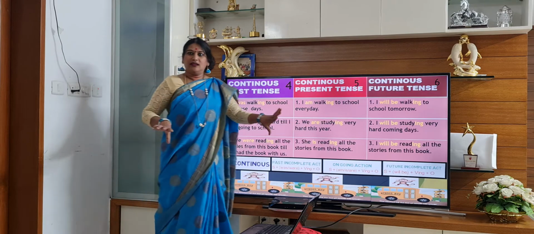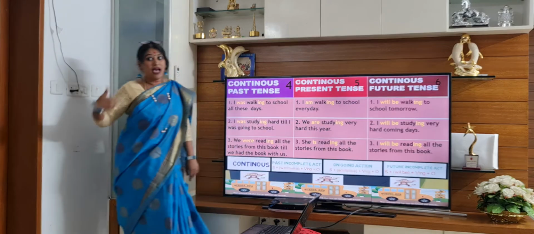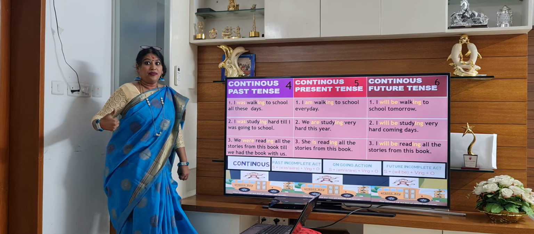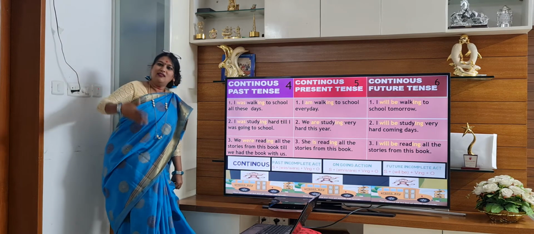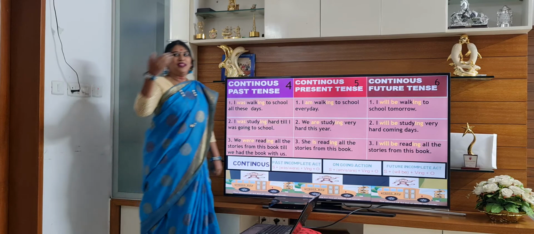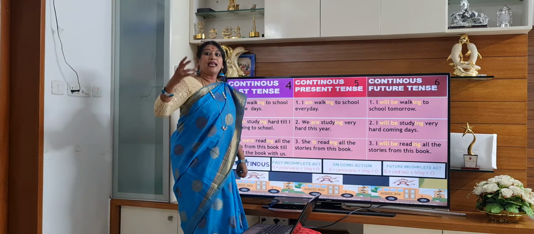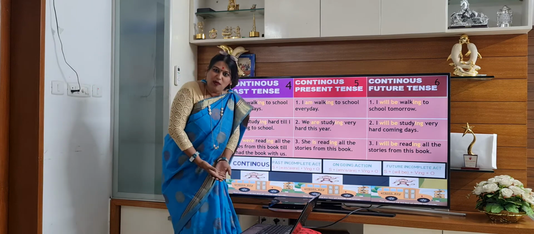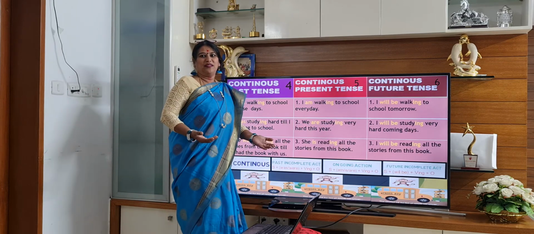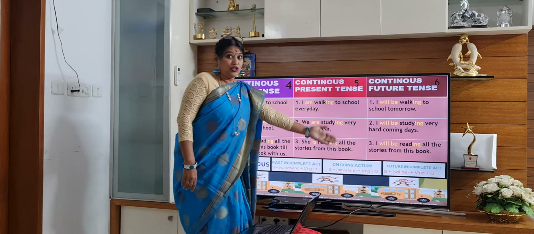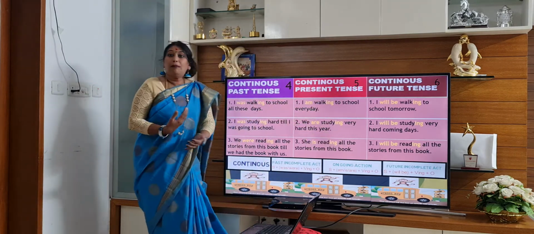So that's standard. In the past continuous tense, what will come? Was, were, then verb's first form plus ing. Then coming to the present continuous tense, is, am, are, then again first form of verb plus ing. And when you come to the future tense, it will be will be.